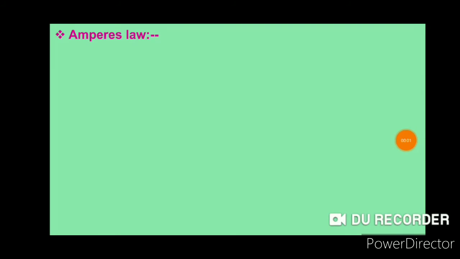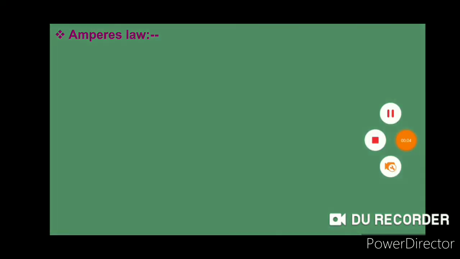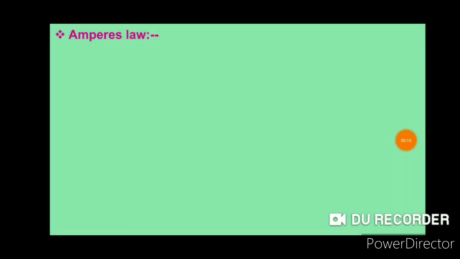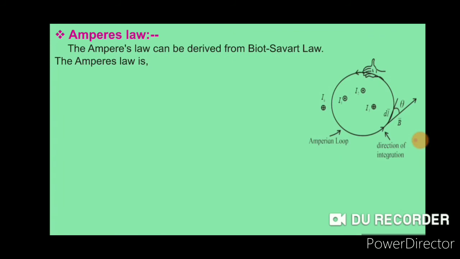Next point, Ampere's law. As we know, if a distribution of charges is given, we can obtain the electric field by using the inverse square law. Ampere's law can be derived from Biot-Savart's law.